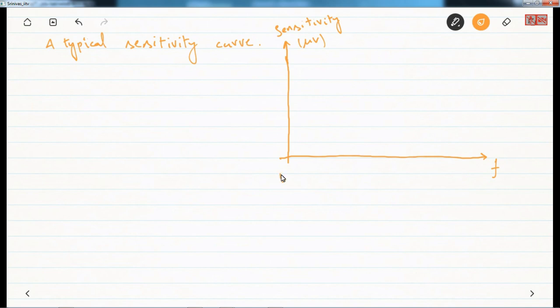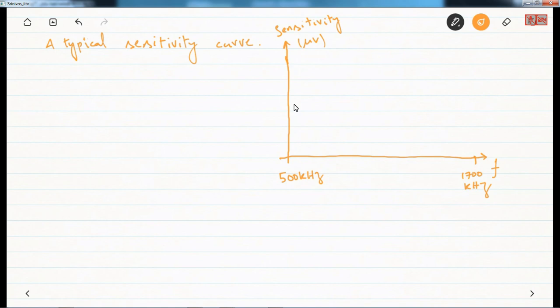Say this is 500 kilohertz, so we are starting not from 0 but at 500 kilohertz, and say this is 1700 kilohertz. So we are measuring the sensitivity from 500 kilohertz to 1700 kilohertz.